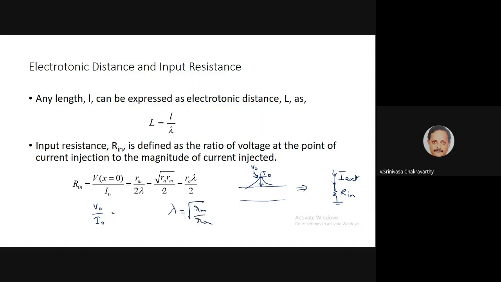Or this also can be written as Ra lambda by 2. So basically, there are three alternative forms of the input resistance. Given the cable parameters, these per unit length parameters, I can express the input resistance of the cable by any of these formulas.